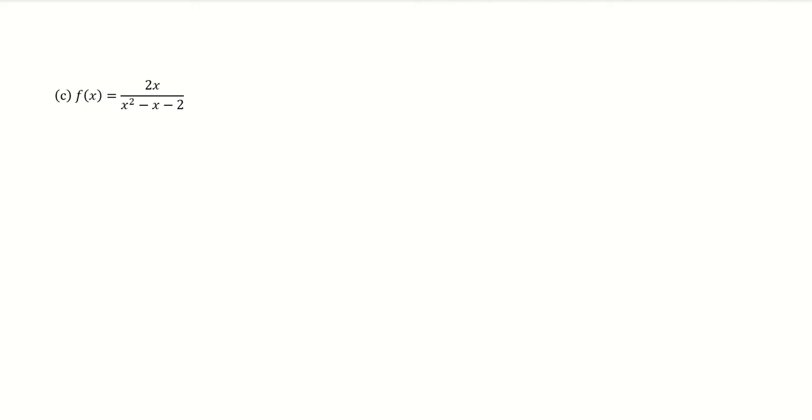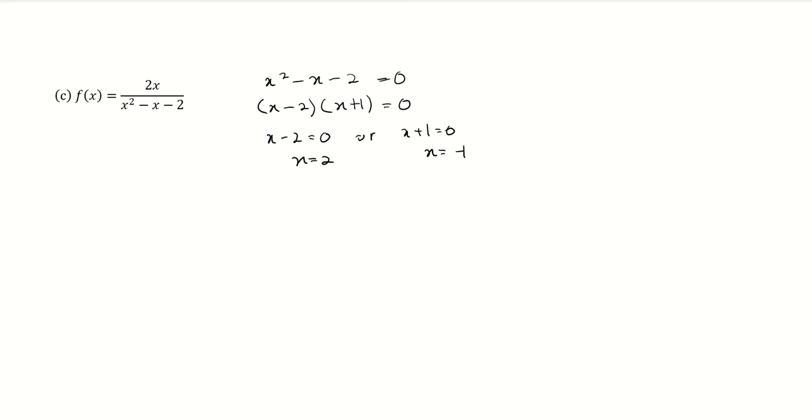Okay, C. We want to find the vertical asymptote for the function 2x over x squared minus x minus 2. From the denominator, if we set x squared minus x minus 2 equal to 0, we can factorize it as x minus 2 times x plus 1 equals 0. That means x minus 2 equals 0 or x plus 1 equals 0, so x equals 2 or x equals negative 1.